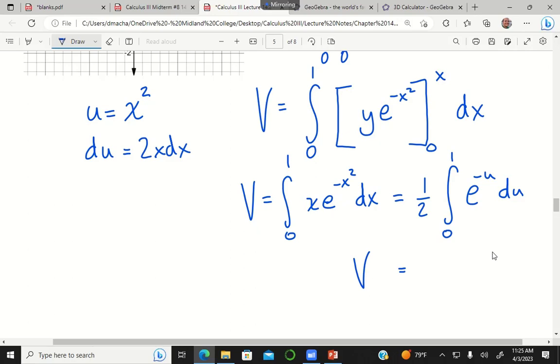And so the antiderivative of e to the negative u would be negative e to the negative u. And I plug in 1 and I plug in 0.